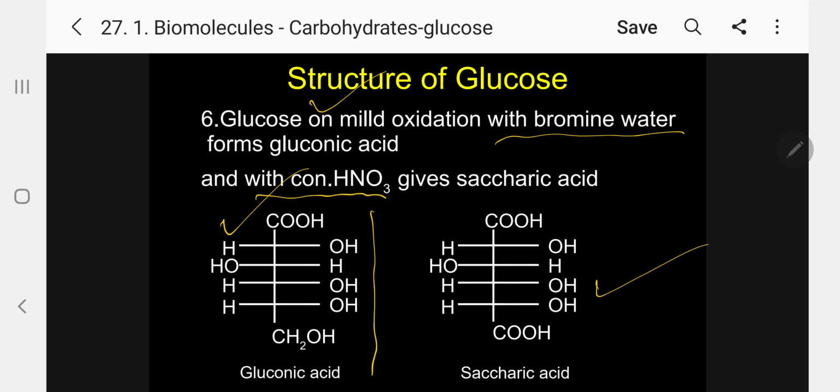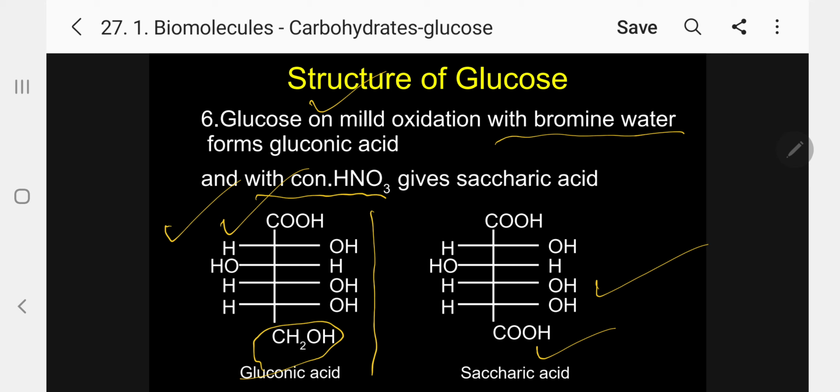So the mild reagent will oxidize only the aldehyde group, that is the terminal aldehyde group. So this is the concentrated nitric acid. It is a powerful oxidizing agent, and it oxidizes the aldehyde group as well as the primary alcoholic group to acid. That is called saccharic acid. What is the main difference between these two?